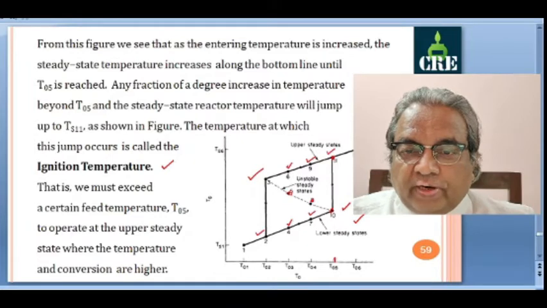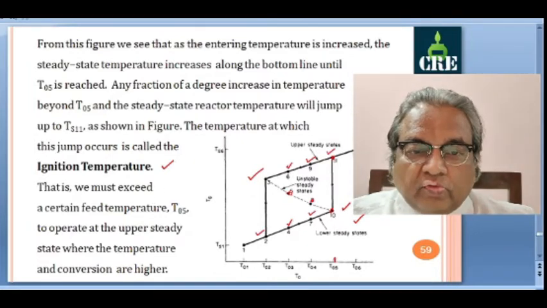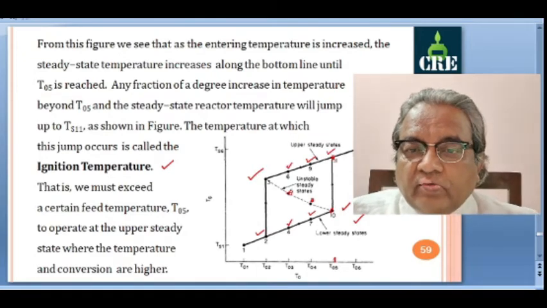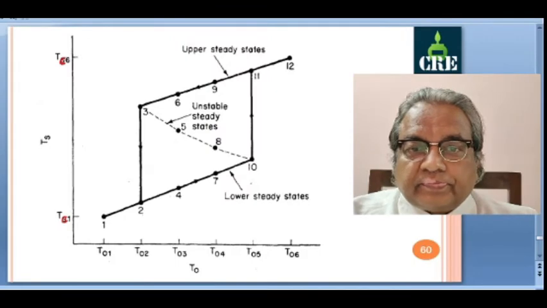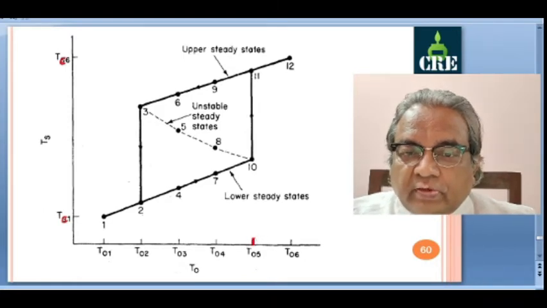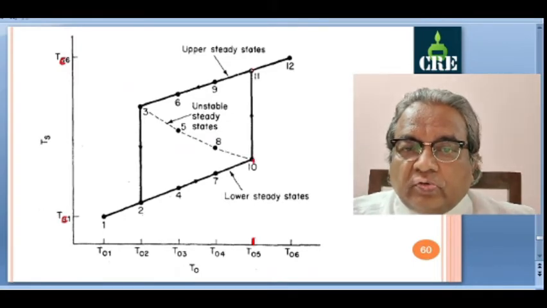We will prefer to operate at the upper steady state. So you have to exceed this feed temperature T05 by a slight value, and you will have a point of operation at the upper steady state. From this T05, if you increase just by a fraction, the next steady state is on the upper steady state curve. So 10 to 11 here immediately.